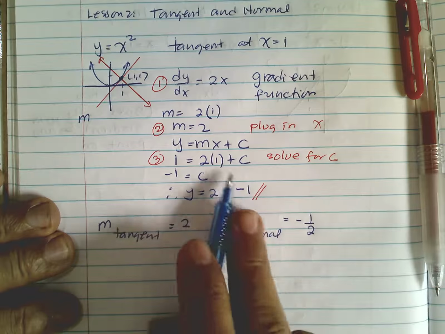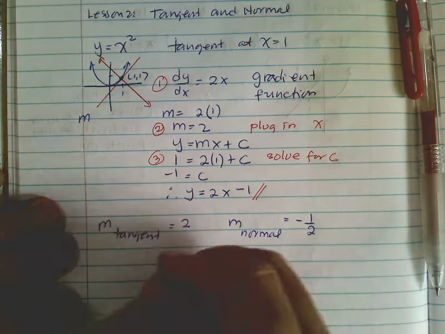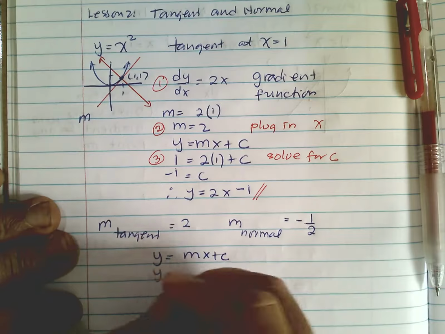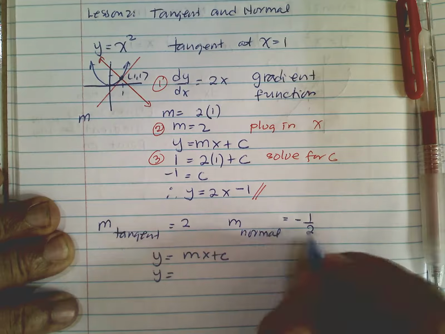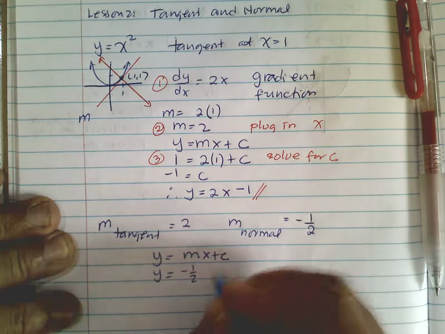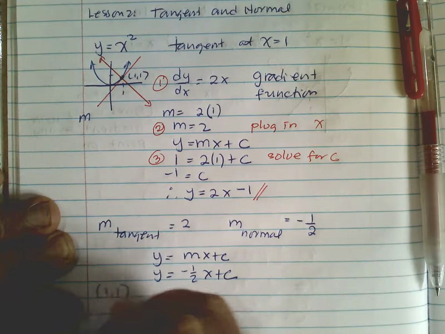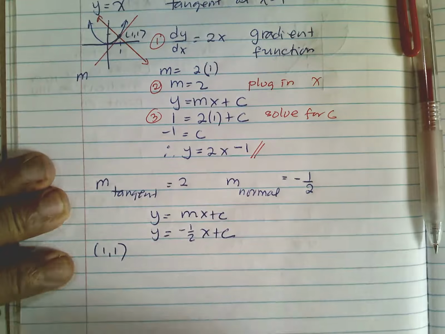And then do step 3. So y is equal to mx plus c. So y is equal to your gradient, negative 1 over 2, x plus c. You know the point (x, y) is (1, 1) because it passes through the point.